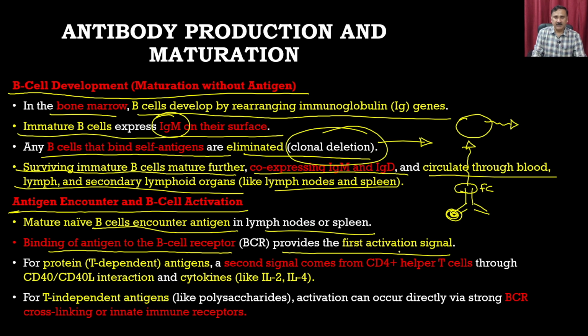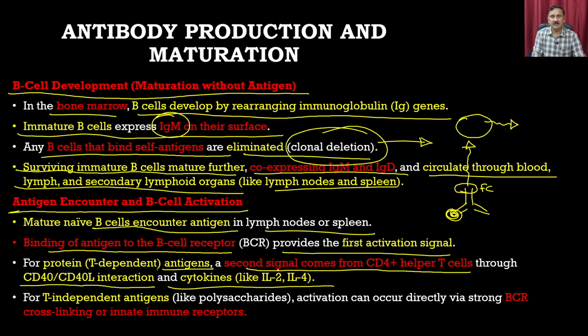Once this activation signal is sent, a second signal comes from the CD4 positive T cell through the CD40-CD40L interaction and different cytokines like IL-2 and IL-4. In T cell independent antigens like polysaccharides, activation can occur directly by strong B cell receptor cross-linking, or by innate immune receptors.